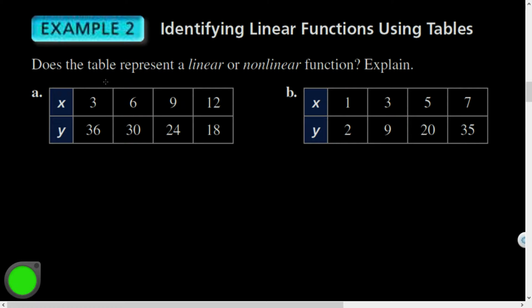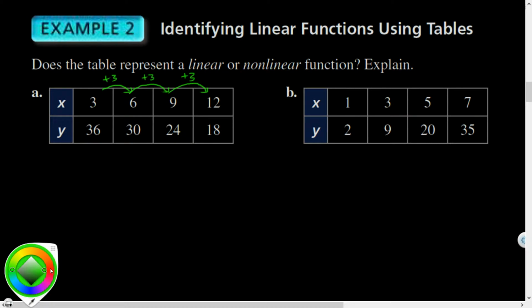Let's look at just the x's. 3 to 6 is plus 3. 6 to 9, what's it changing by? Add 3. 9 to 12, add 3. So the x's, the inputs I've chosen for the independent variable, happen to be consistently apart. And because of that, I would expect that the outputs will also be consistent.